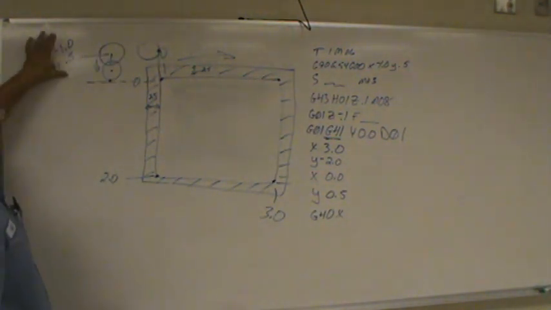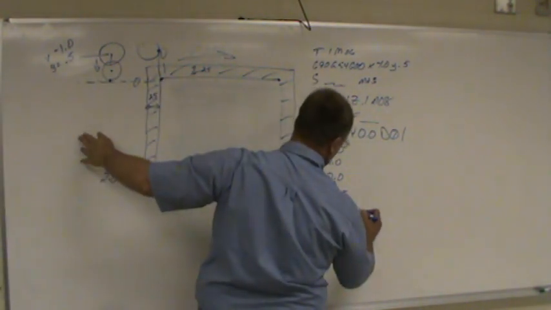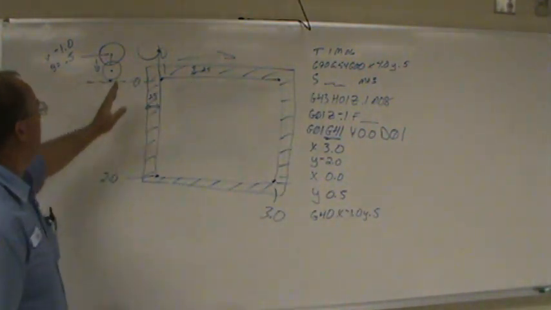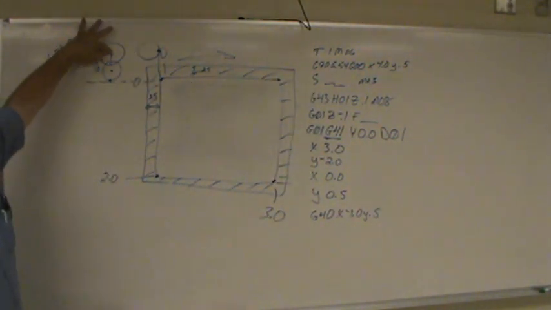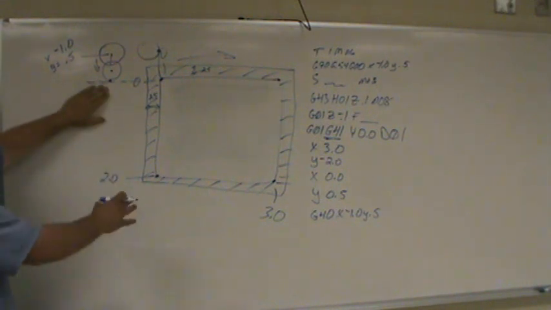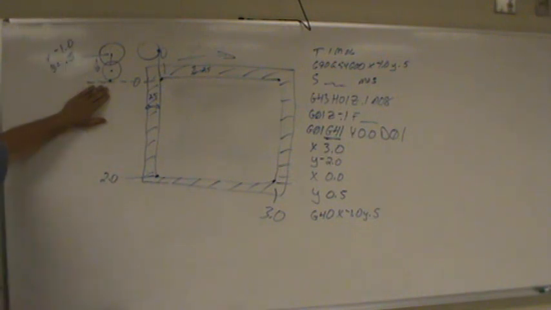Another easy thing to do would be go right back to your start point, X negative 1.0, and I'll just put in the Y.5, you know you don't need it. So that's back to your start point. So now, from here, if that's all you had to do is negative 0.1, you go with G28.